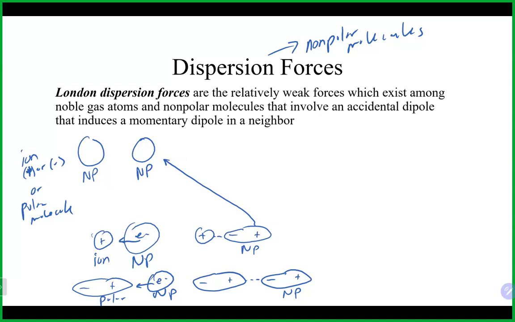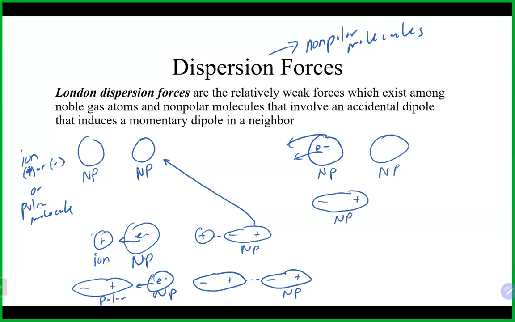The other thing that can happen in these nonpolar situations is if you have a couple of nonpolar molecules, all the electrons, for example, in this particular molecule may decide, hey, let's just vacation over here. And if it does, what it's going to temporarily do in that first nonpolar molecule is create a separation of charge.